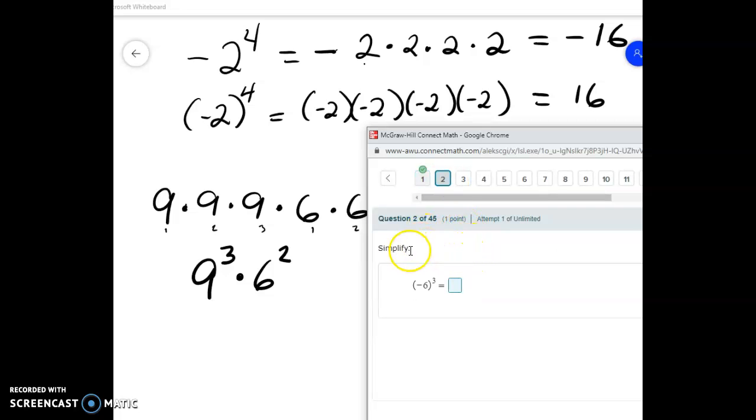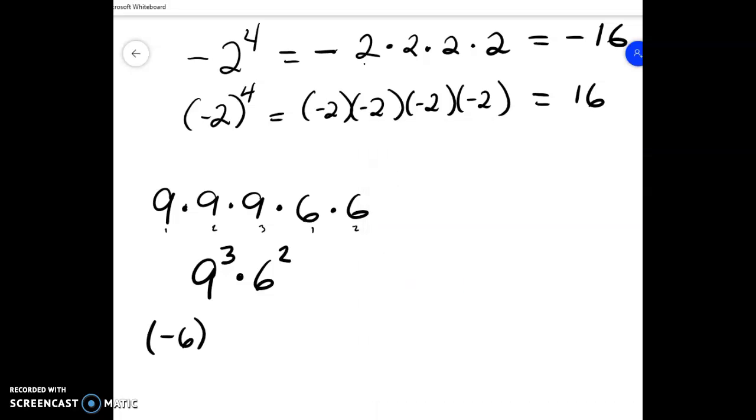Moving on to the next one, here it says simplify. Well, here's negative 6 cubed. Negative 6 cubed is negative 6 times negative 6 times negative 6. So I know I've got 3 negative numbers multiplied by each other. My result will end up being negative because I have an odd amount of negative signs. Or just think, if you multiply 2 negatives, you end up with a positive, and then you multiply it by a negative again.